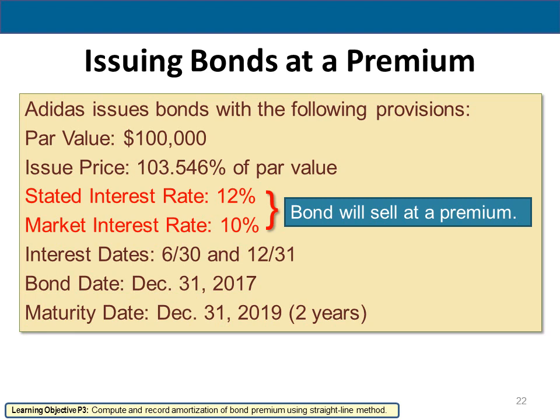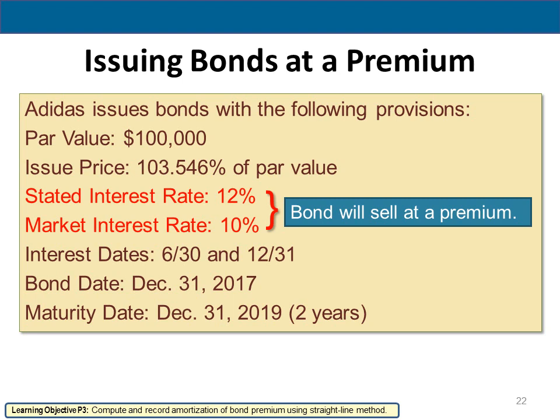The stated interest rate, or the coupon interest rate, that this bond will be offering to its bondholders is 12%, while the prevailing market interest rate is only 10%. We have interest dates every 6 months, and the maturity date will be after 2 years.